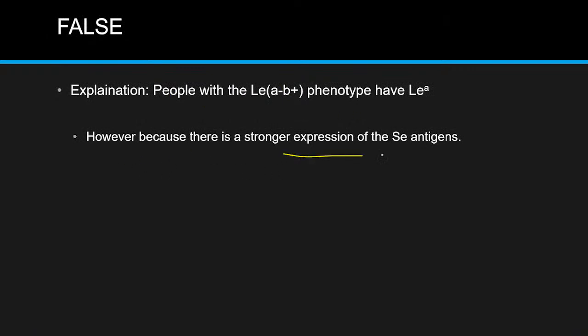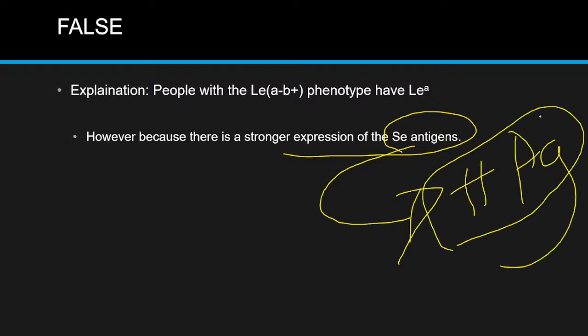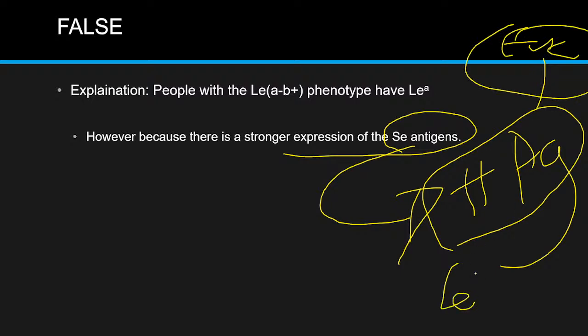There's just a stronger expression of the HSE antigens or the secretor antigens, which is synonymous to H antigen. And once there's a fucose attached to it, that is known as LEB. Okay? All right? So tama si John Mediana.